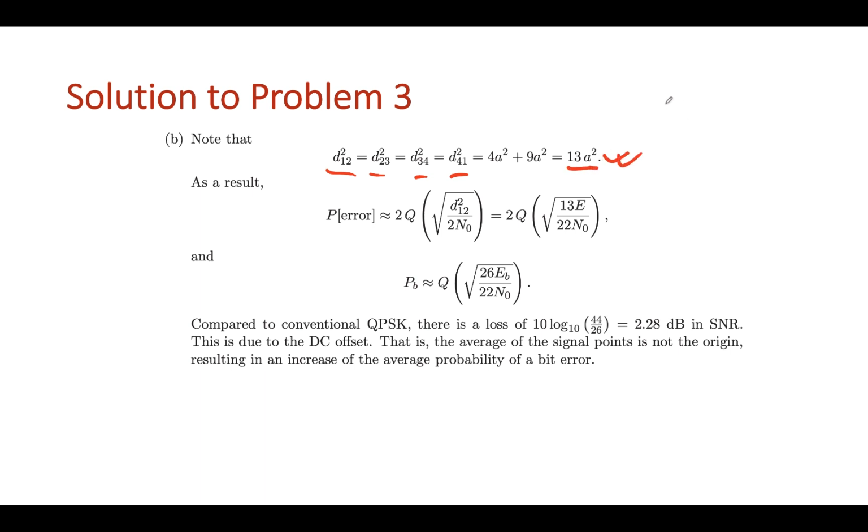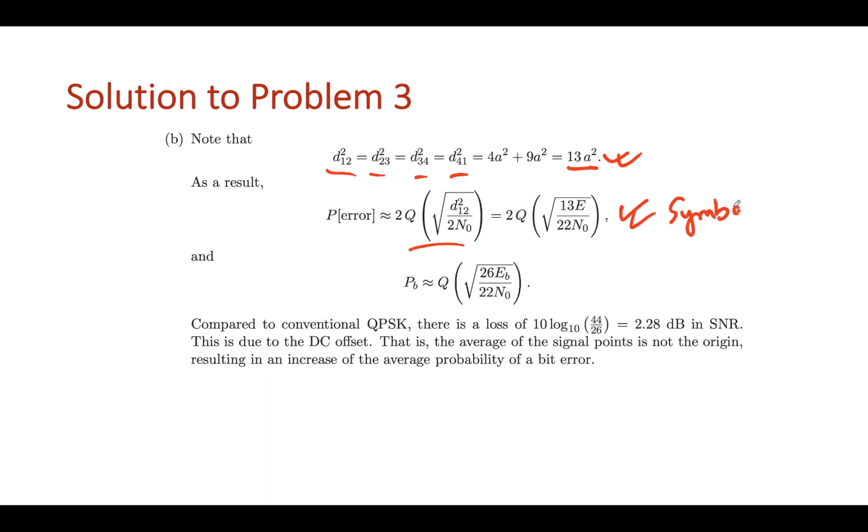All the distances are the same, and that is your d min, between 1, 2, 2, 3, 3, 4 and 4, 1. Then you can apply the nearest neighbor approximation to get the symbol error probability. So this is the symbol error probability.